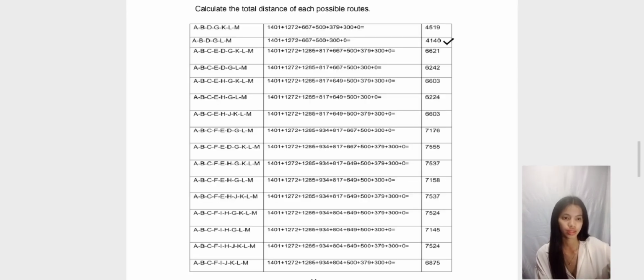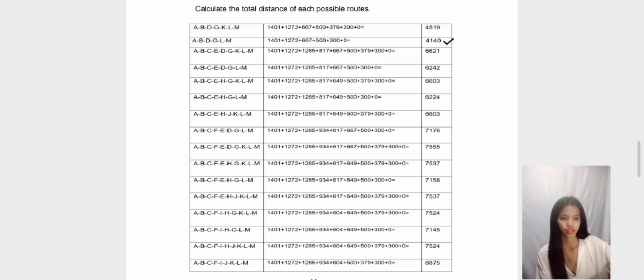The first one is A to B to D to G to K to L and then to M. The total distance is calculated by summing up the distances along the path: 1,401 plus 1,272 plus 667 plus 500 plus 379 plus 300, for a total of 4,519.